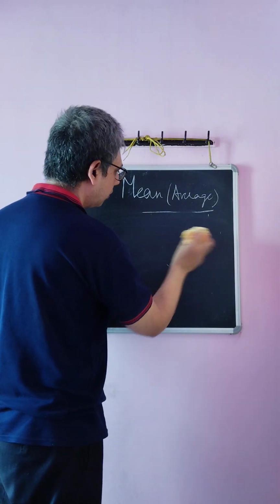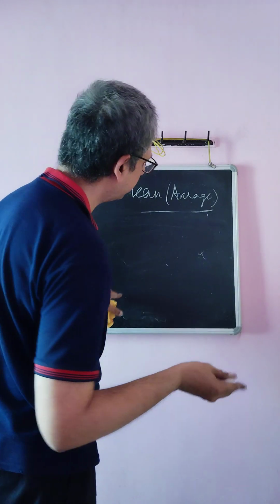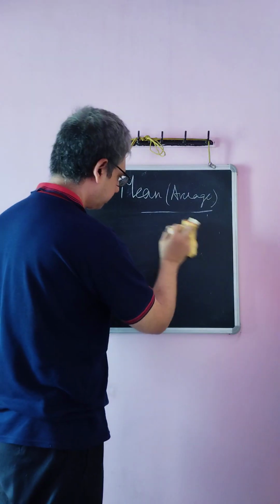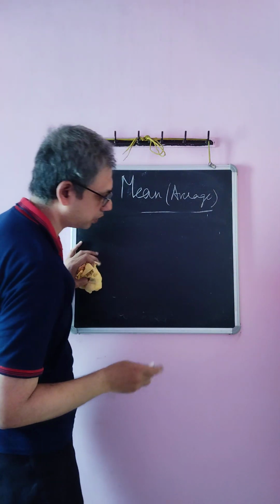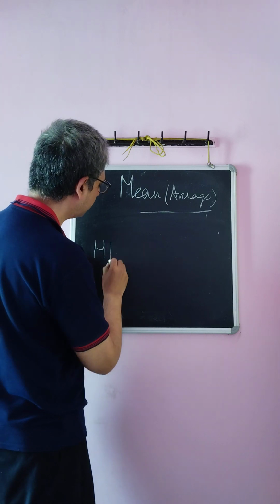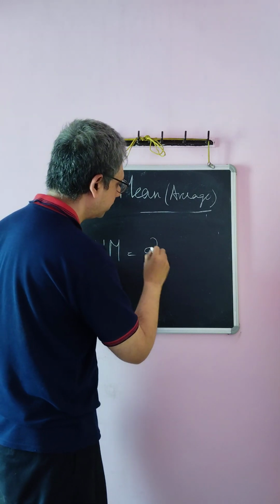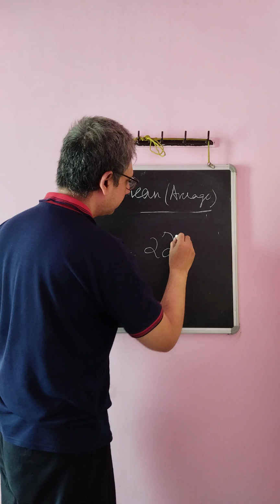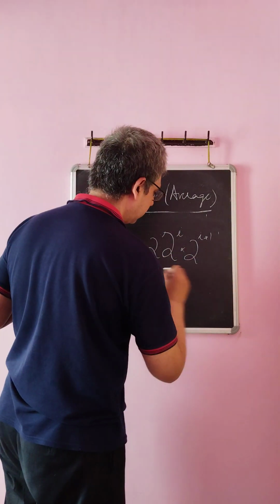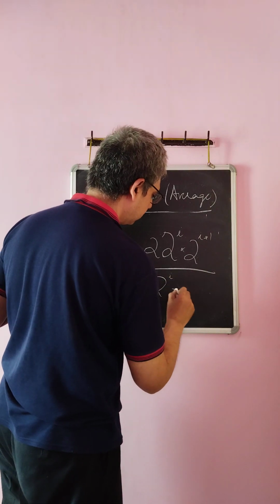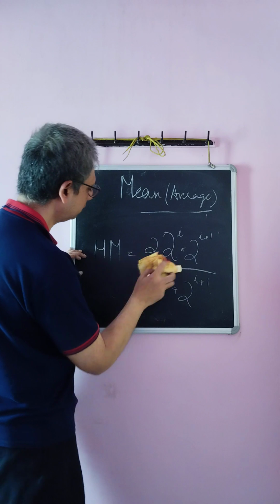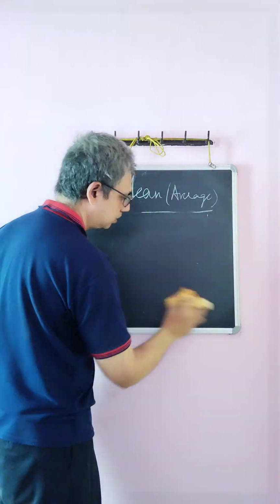Of course, later on while coding, the value will no longer be an integer, but that is alright; we'll have to take a floating point approximation for that. Likewise, instead of this, we can use the harmonic mean, that is equal to 2 into 2 power I into 2 power I plus 1 by 2 power I plus 2 power I plus 1. We can use this for coding it.